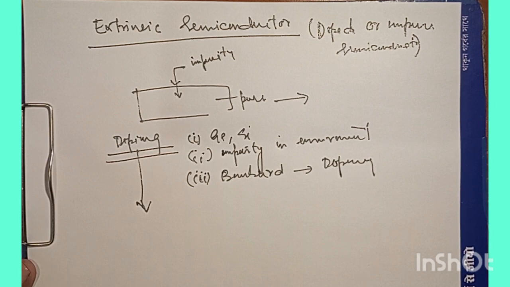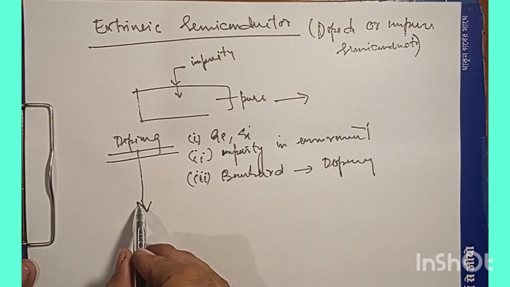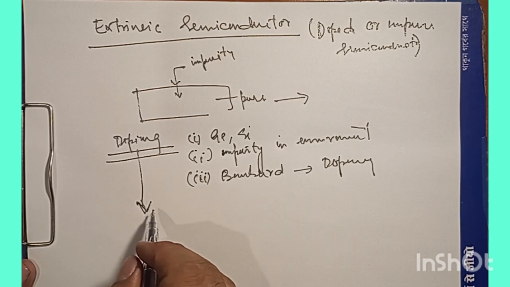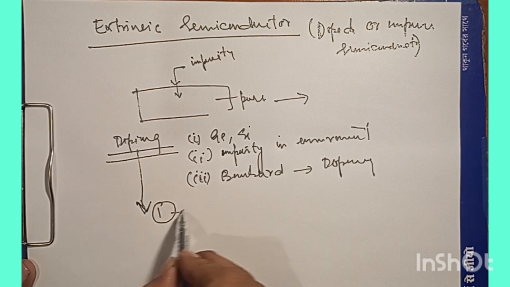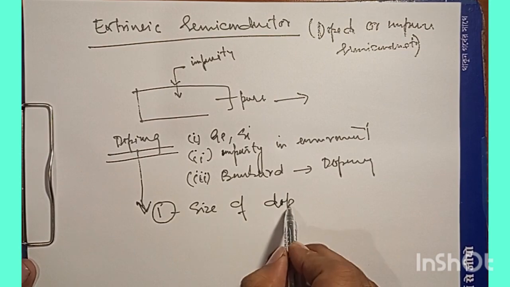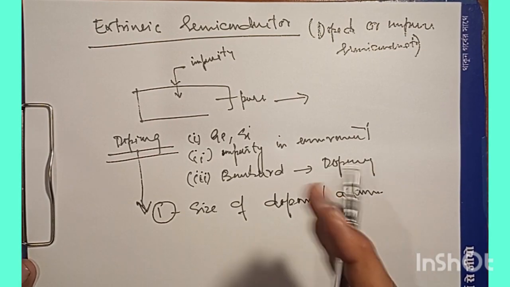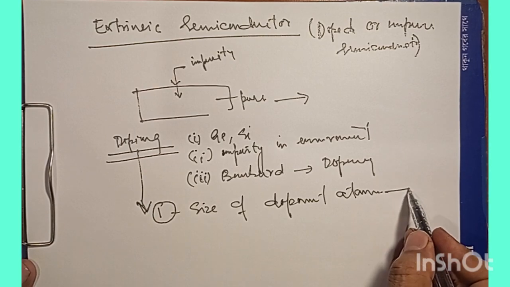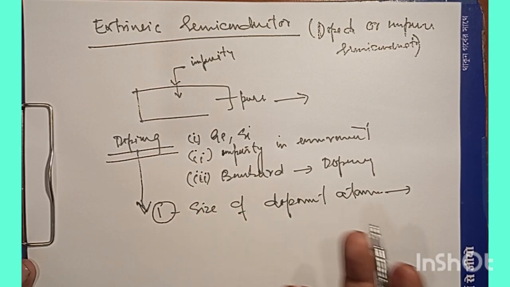And the answer is no. We cannot do that. So we have to be cautious when it comes to doping. The very important point regarding doping is that the size of dopant atoms should be of the order of the size of the atoms of the parent material.